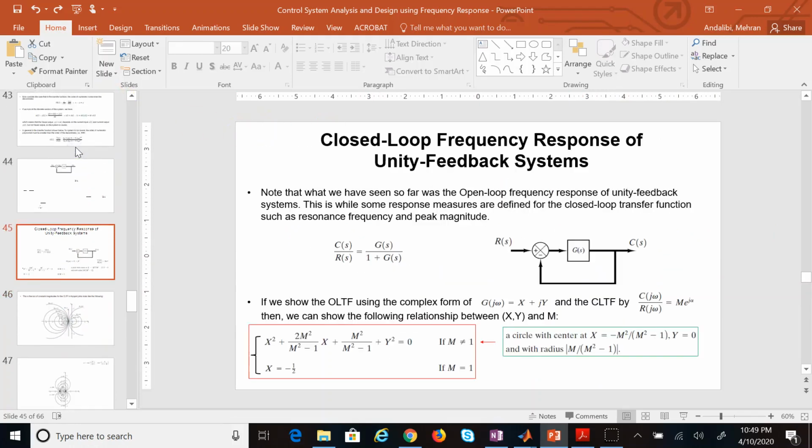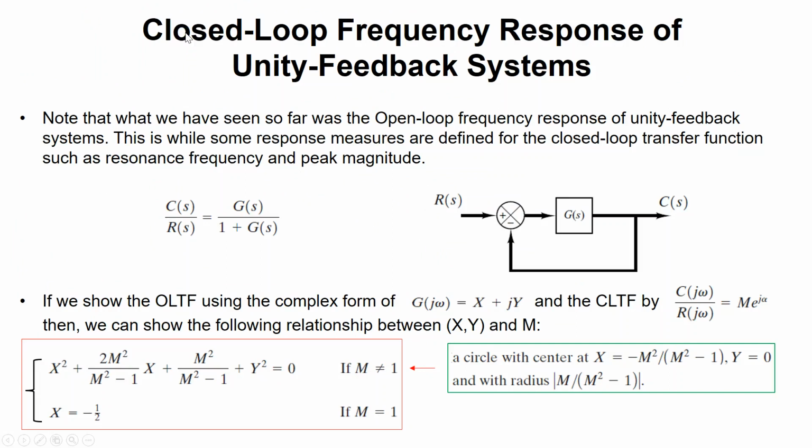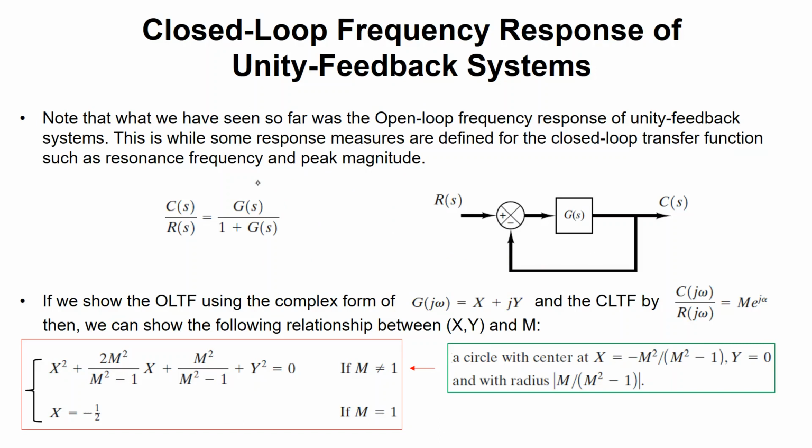So instead of redrawing the Nyquist plot for the closed loop based on this formula, I draw the Nyquist of the open loop, like what I just showed you in MATLAB. I draw the Nyquist of that, or the Nichols of that, or the Bode of that.